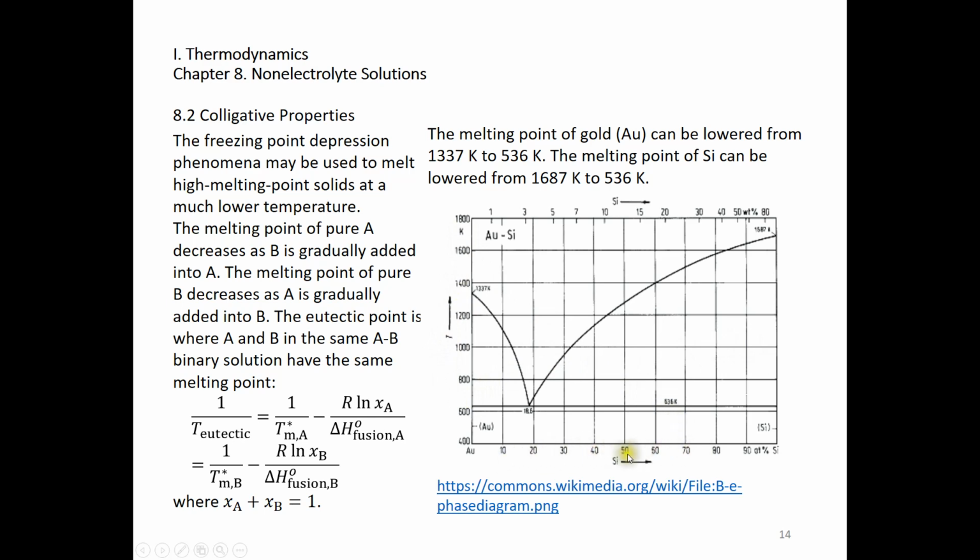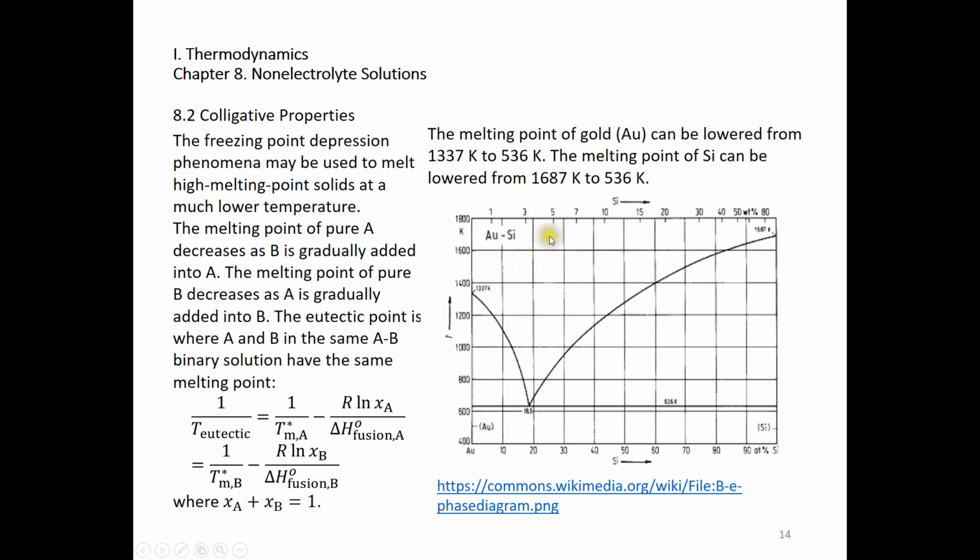We have the mole fraction of silicon here. How do we read it? Over here we have 100% silicon with a melting point of 1687 Kelvin. On the left hand side we have pure gold, 0% silicon, all gold. The melting point is 1337 Kelvin.